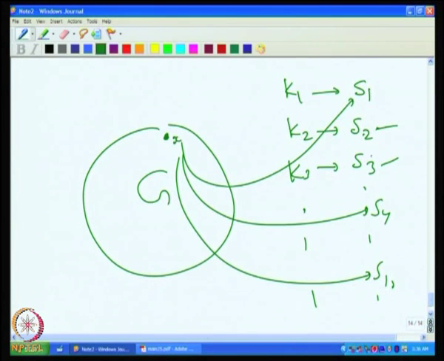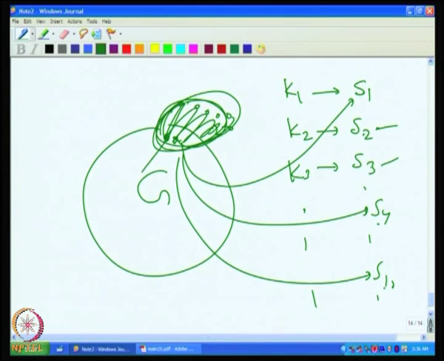So, we will count in how many S i's it comes. Suppose x comes, say, 20 times, then what will I do? I will make 20 copies of x here, including this original x, a total of 20 copies, and I will replace this x with a clique of cardinality 20, and each vertex of this clique will have x's adjacency.